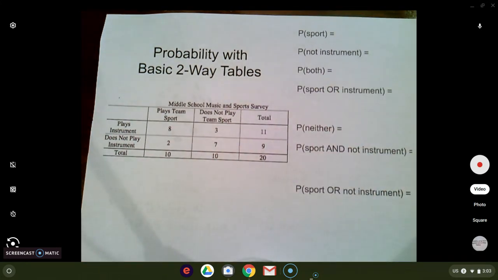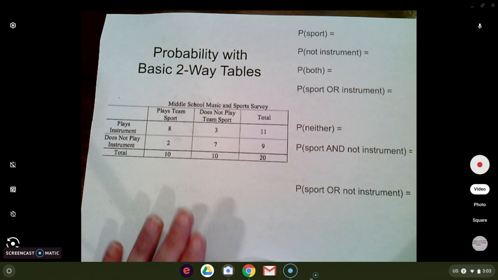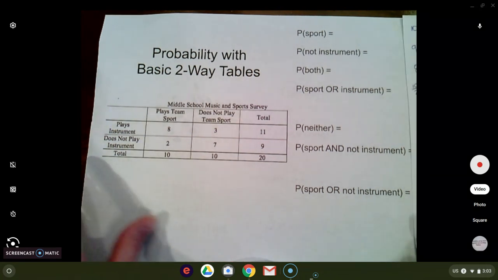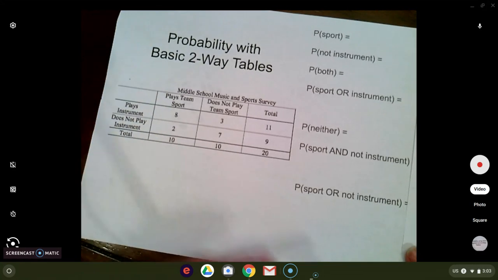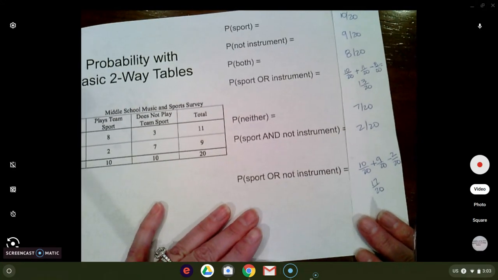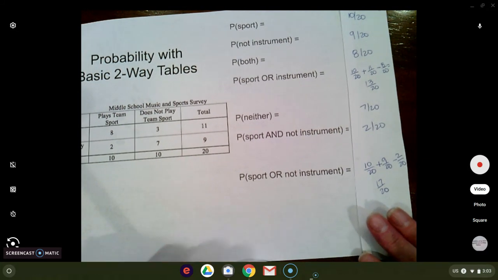So you have to be really careful about giving people enough places to answer. Okay, so let me give you a moment to try this. Here are your answers you can check. Okay, so did you get those answers?